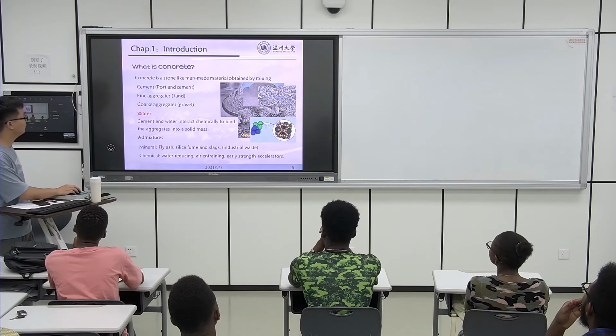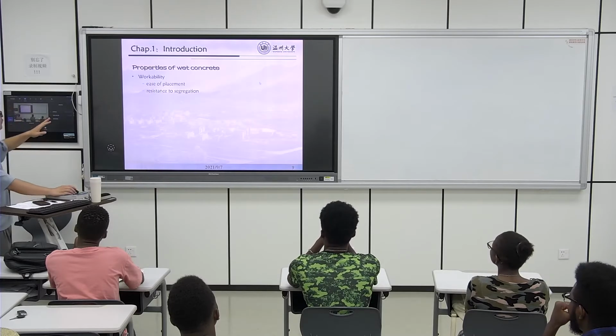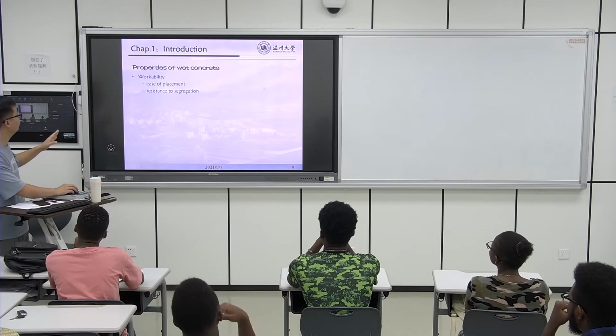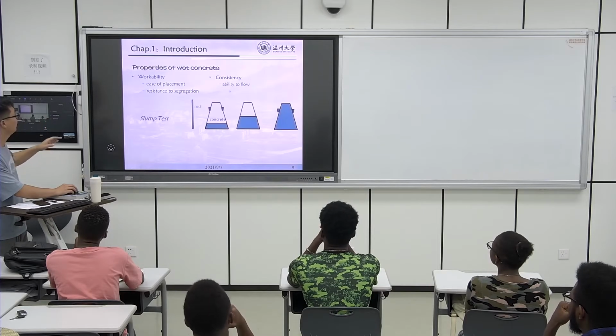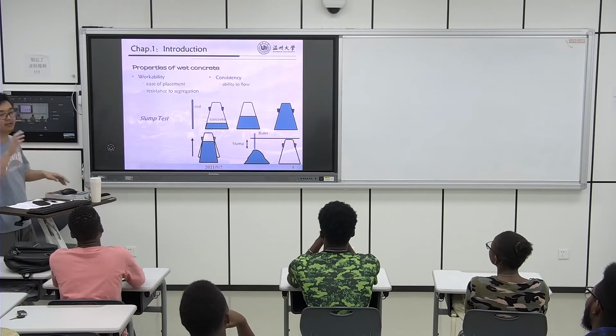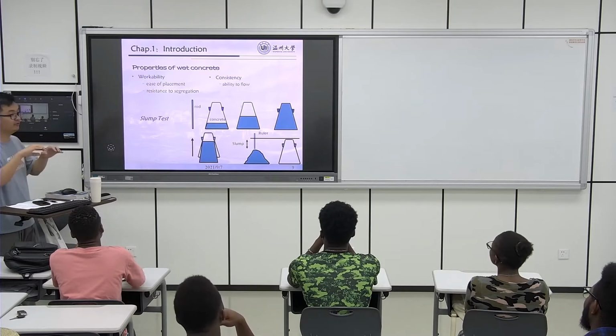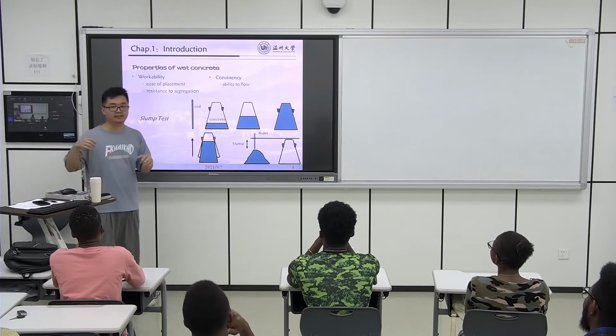This is the microscopic view. And the properties of wet concrete, like here, is the ability to flow. When we initially get the concrete mixture together, it will flow easily.